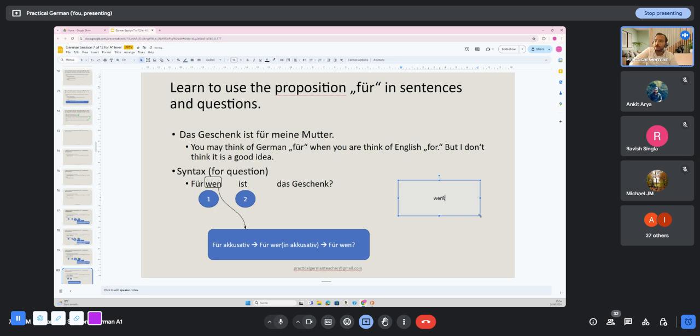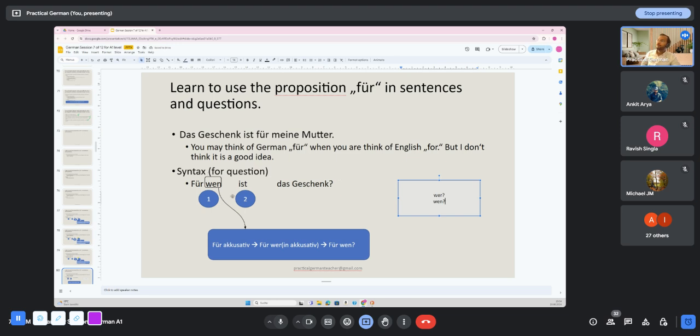Now if I want to say for whom is the gift, for I will use für. And how do you say whom? This is also where German grammar helps. You know how to say who, right? Who is wer, and after für it has to be accusative, so wer in accusative becomes wen. So, für wen ist das Geschenk.